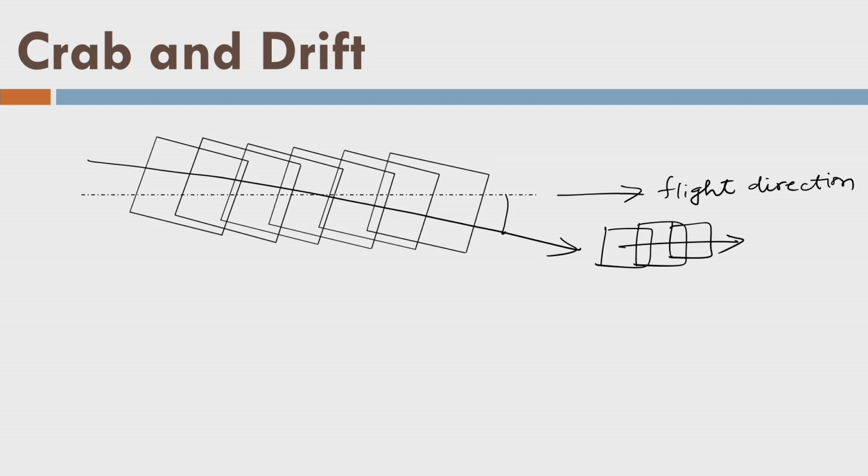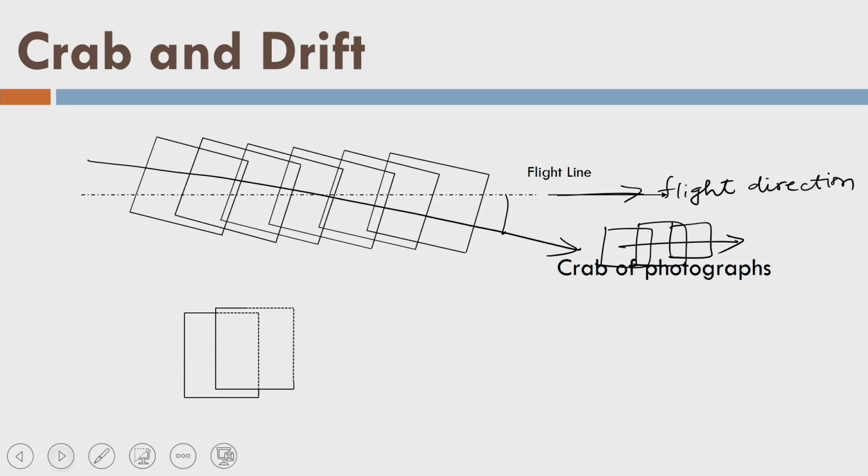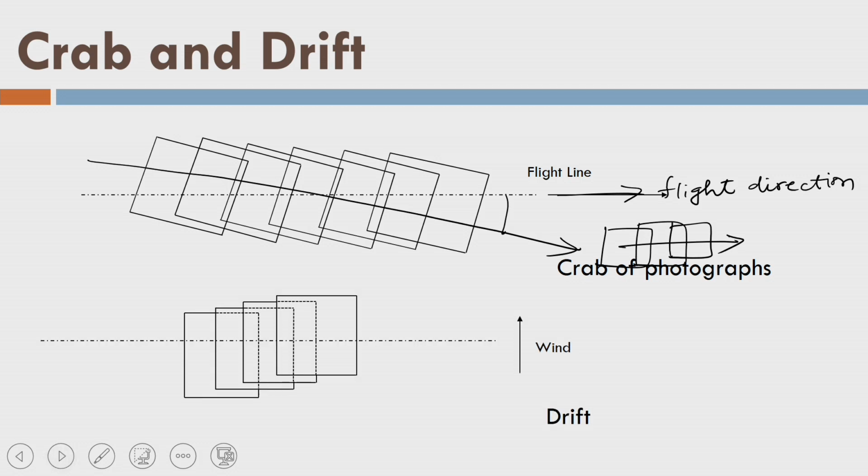Similarly, what is a drift? So, drift is this. Let us say I am acquiring photographs like this and there is a wind, and because of the wind what will happen, I am flying, the flight is in this direction, but because of the wind every moment, once I fly this one, there is a wind, flight will go like this, again it will go like this. That means it is effectively going this way, and because of that even though the photographs are aligned with the flight direction, they are having some shift in this direction.